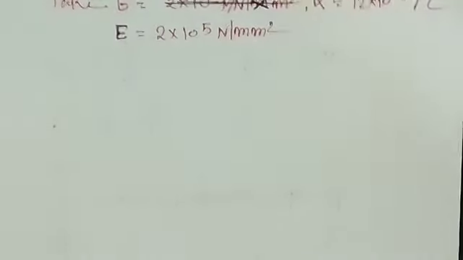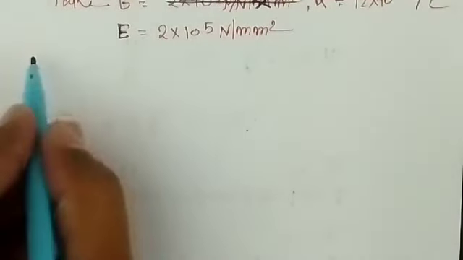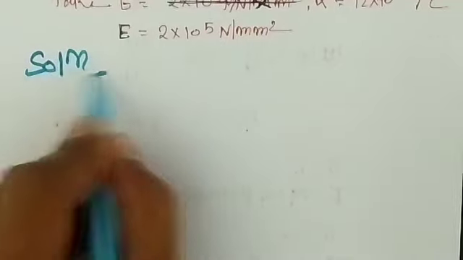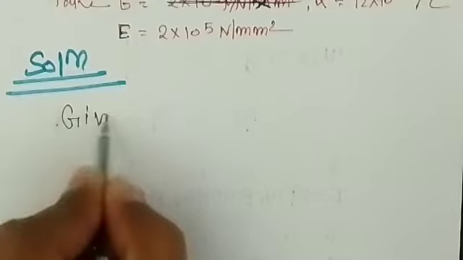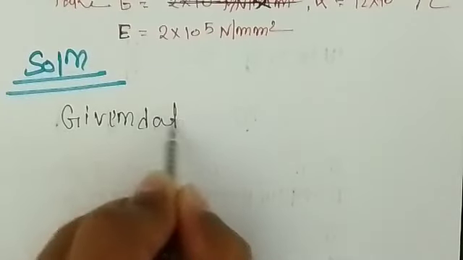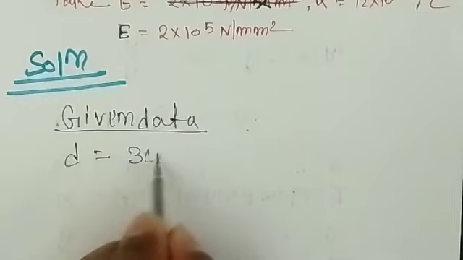First of all, we will write down the given data. Here you have the solution. The steel rod has diameter D equal to 3 centimeter.